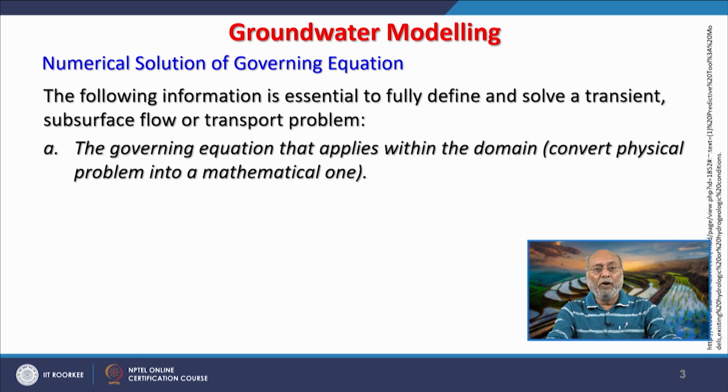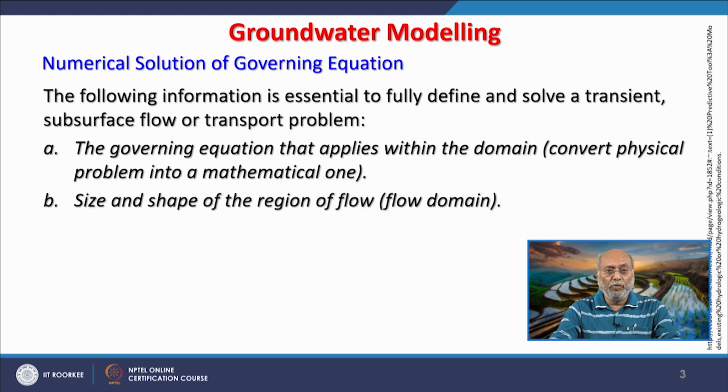These governing equations for numerical solutions apply within the domain, that is, we convert the physical problem into a mathematical one, because our groundwater flow and other conditions are basically physical problems below the subsurface. So, in numerical modeling we try to convert this into a mathematical one.